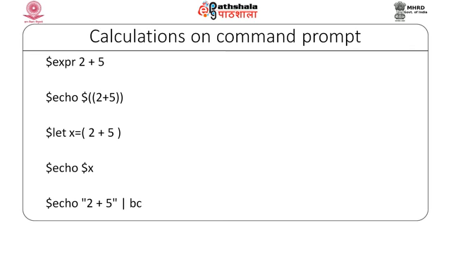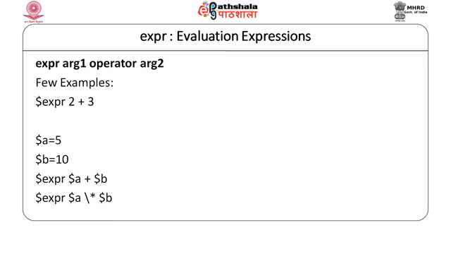Let us explore each technique within the shell scripts. While using EXPR, it takes 2 arguments, arg1 and arg2, which are the numbers, and they must be integer numbers, and there is an operator in between. The operators can be addition, that is plus, minus, multiplication or division, but we have to be careful.